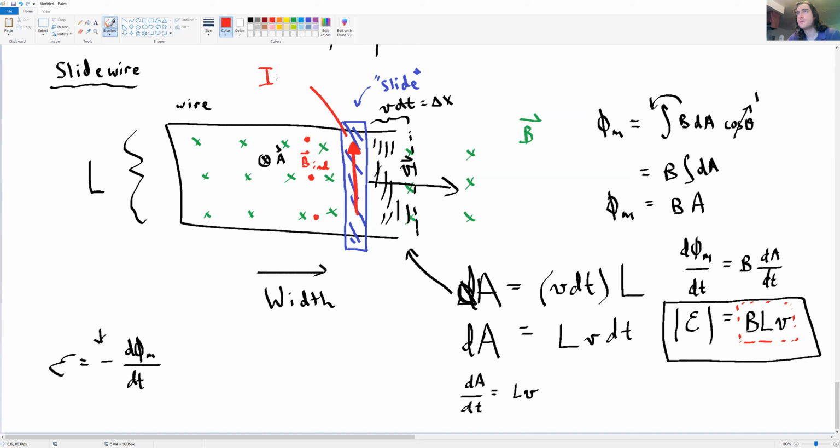So this is the direction of the induced current, I induced. Okay, so I induced is going this way here.